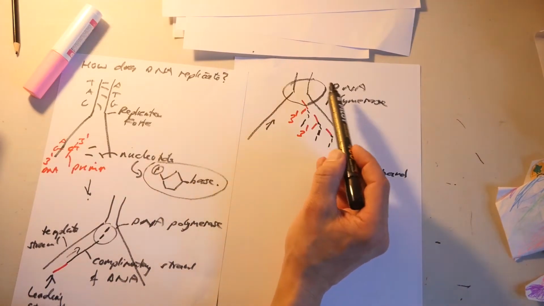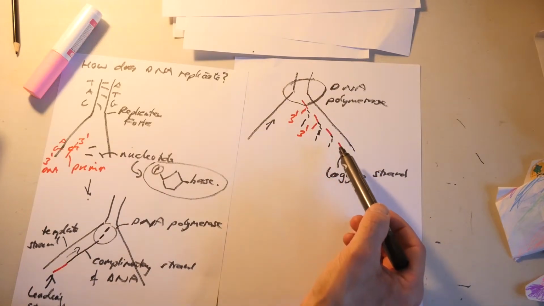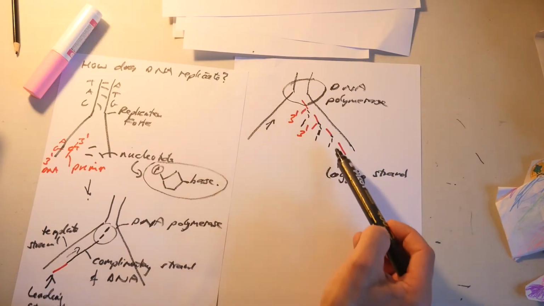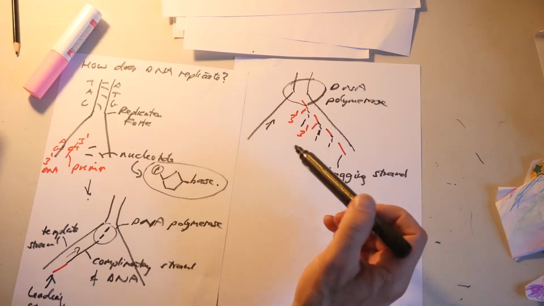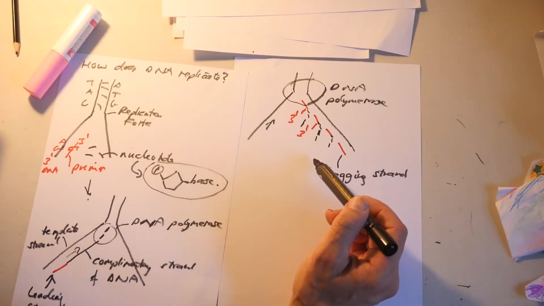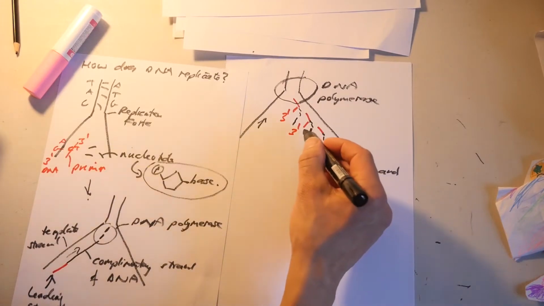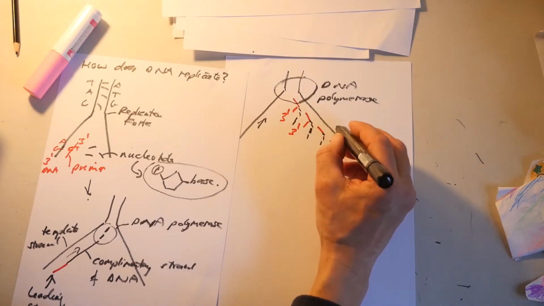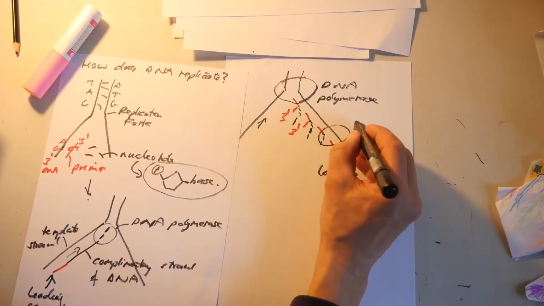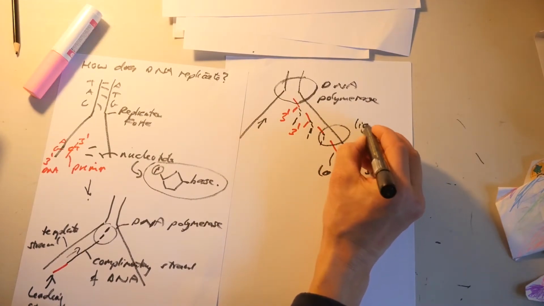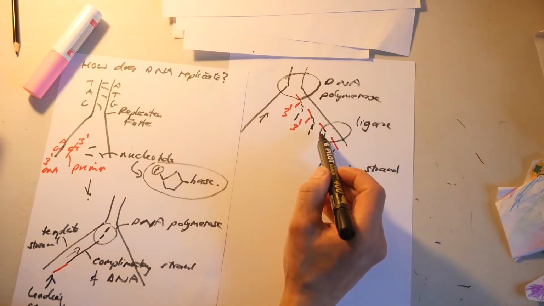So replication fork, DNA polymerase, primers. It's called lagging because it's sort of lagging behind. It's made in bits rather than one continuous length. So you get primers coming along being joined, and then you get another enzyme coming in called a ligase, which joins the nucleotides, okay?